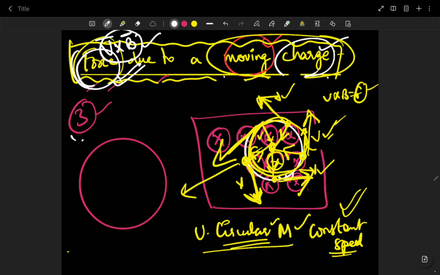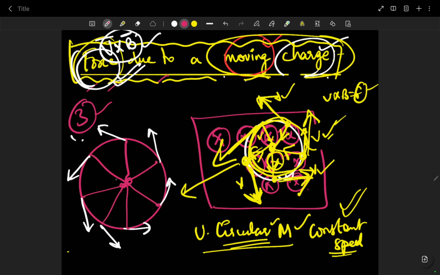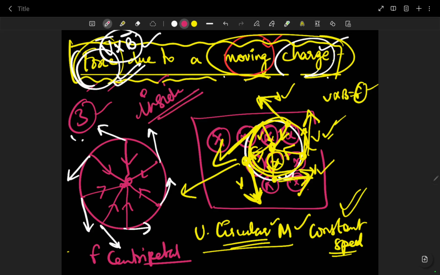Yeah, so on this circle, if I see velocity is tangential with the same magnitude, and most importantly, my force is always going towards the center, right? So this will become what? This will become again centripetal force. That means it is acting towards the center. This is centripetal force over here in this case, because of the charge already being inside. Don't forget it. It's not approaching, it is already inside.